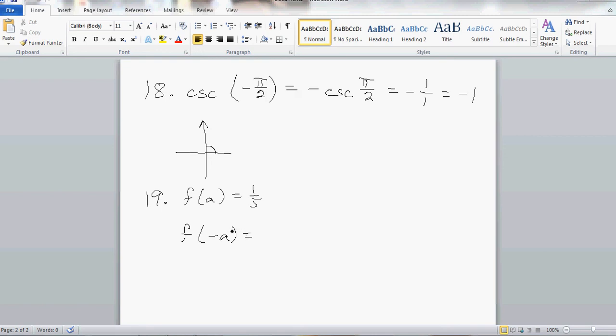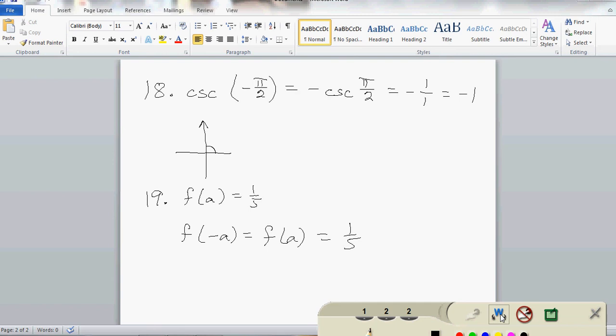Well, since we're talking cosine here, that negative just disappears. And so what we're asking is, what is f of a? Because since it's cosine, this negative really doesn't play a part. And of course we know f of a is 1/5, and that is the final answer for number 19.